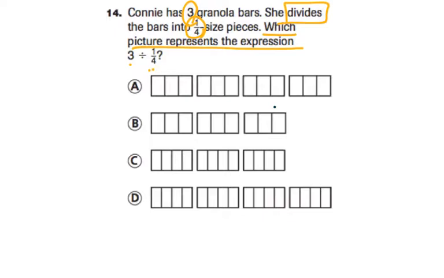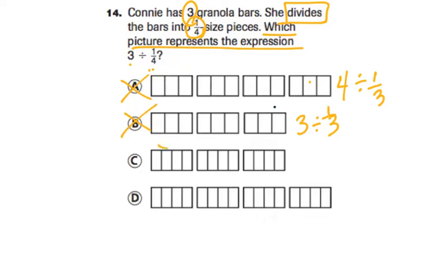Look at A. I see 4 wholes broken into 3 sections, so that's 4 divided by 1/3. That's not it. B, I have 3 wholes broken into 3 sections again, so that'd be 3 divided by 1/3. But that's not 3 divided by 1/4.